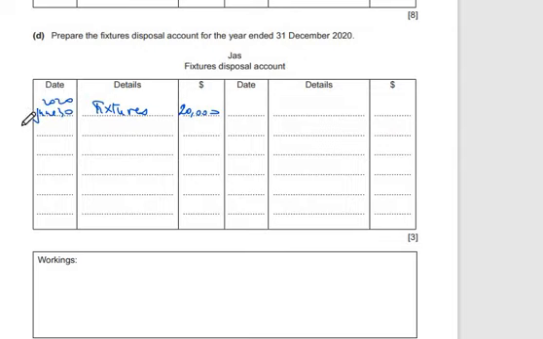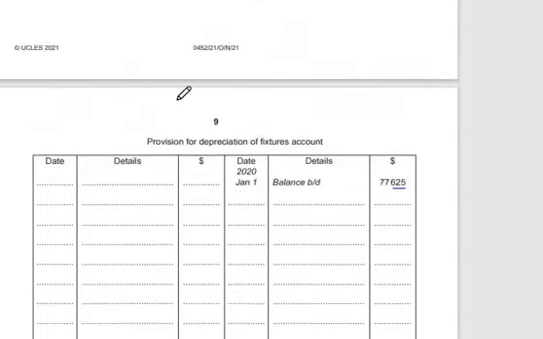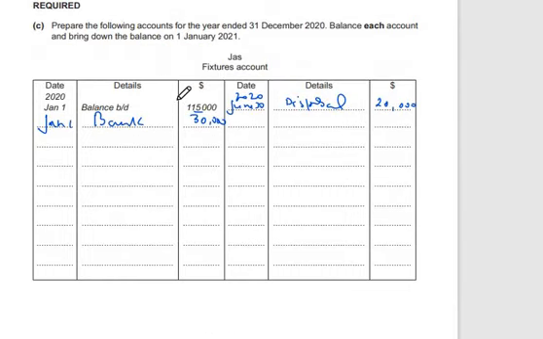So I'm done with the first step. Which first step? I have removed the fixtures from the other fixtures account. The fixtures account had 115,000. Some more worth 30,000 were purchased, but 20,000 were removed.